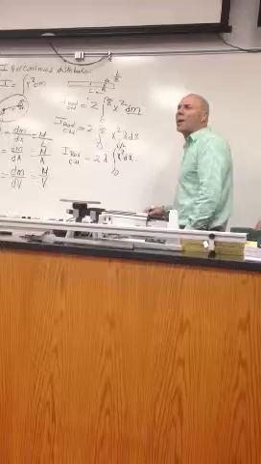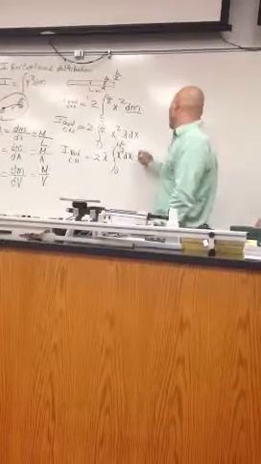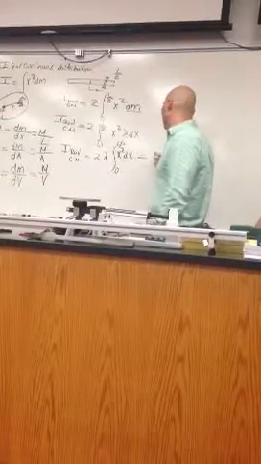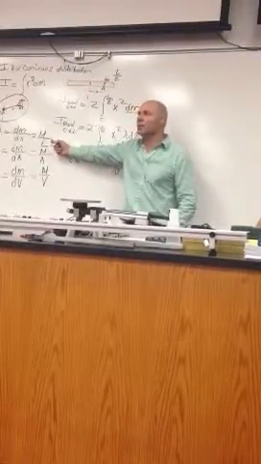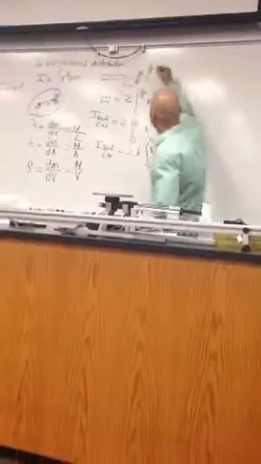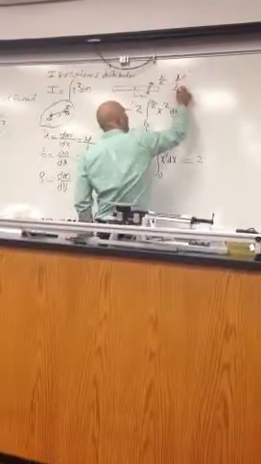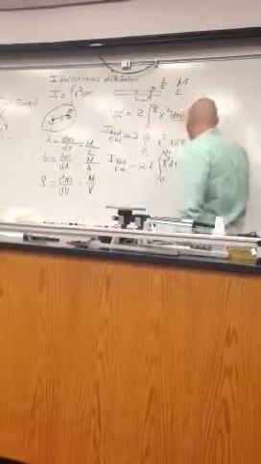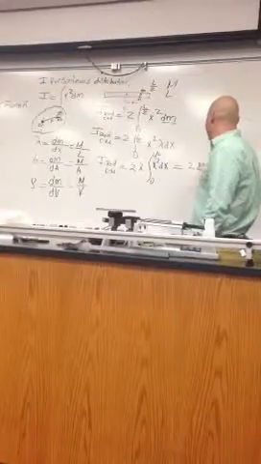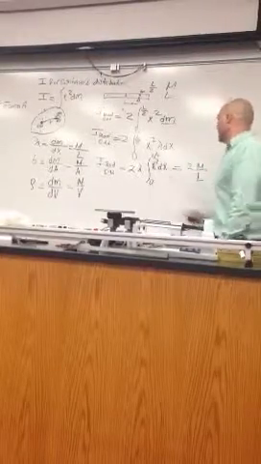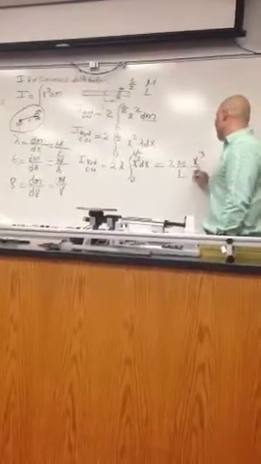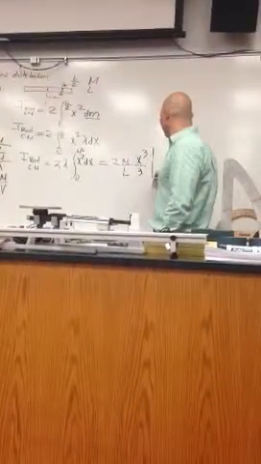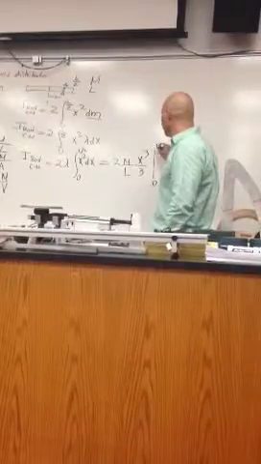What is the integral of x squared dx? X cubed over 3. And what is lambda? If it's uniform, m over L. So if I have the mass and the length of the rod, I can replace lambda by m over L times this integral, x cubed over 3, from 0 to L over 2.